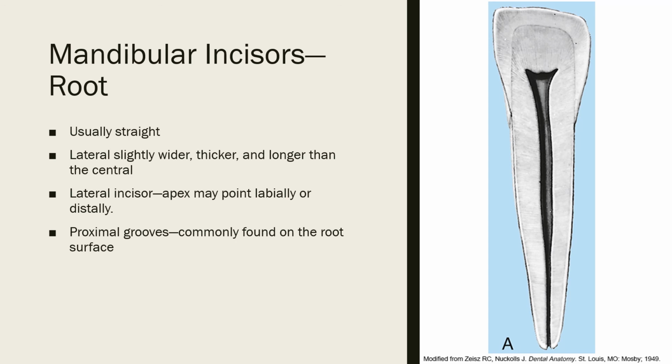The apex of the lateral incisor's root may point labially or distally, so towards the lip or towards the distal. Proximal grooves are commonly found on root surfaces, giving the appearance of a double root. So remember, if it's a deep groove or deep concavity, it's going to look like it's trying to divide.